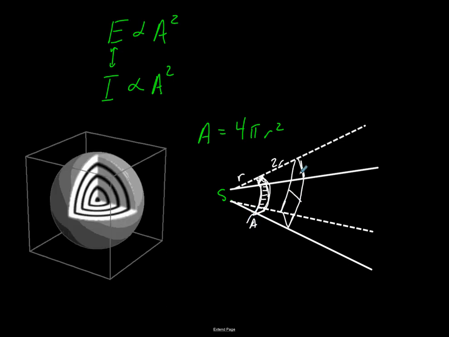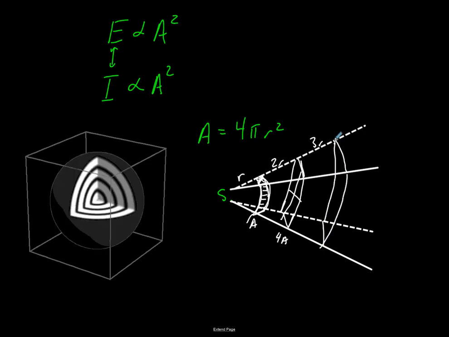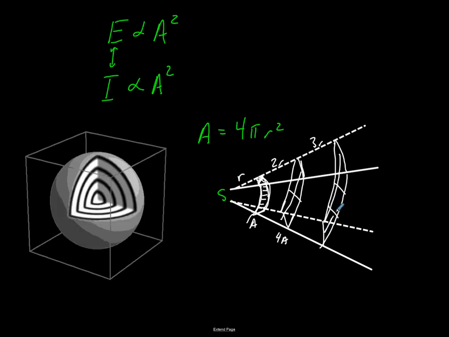By the time we get to 2r, we've now got 4 times the area, okay? And when we get to 3r, you've now got 9 times the area, etc., right?